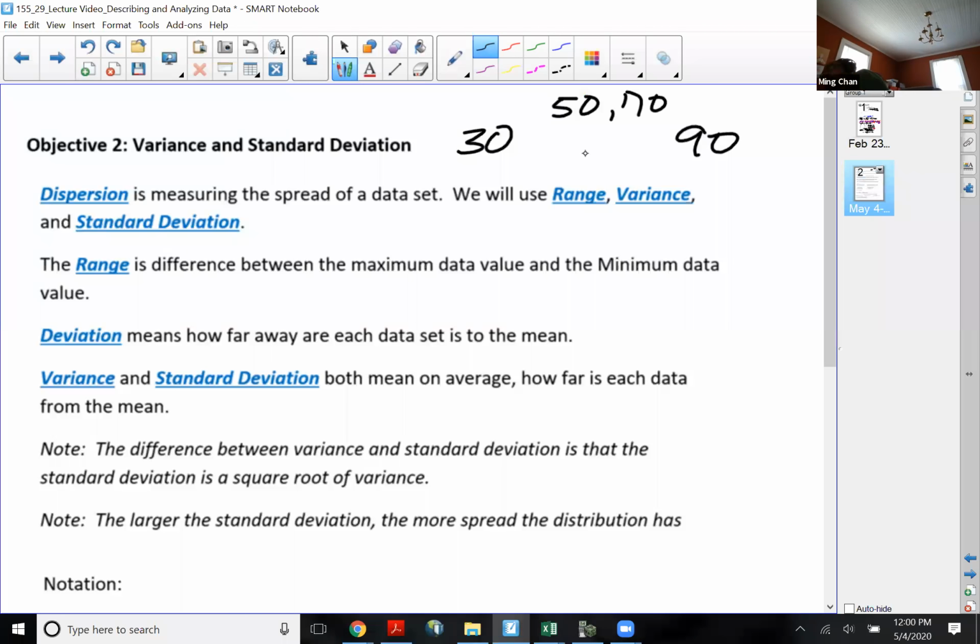I would rather have the latter, because my spread is only 20 points. If I have a range of 60 points difference, that means there's something not right with the teaching. How come some person got it and others didn't? The spread is too wide.